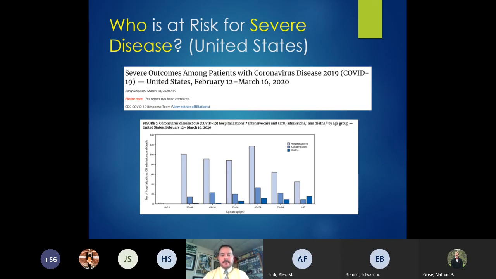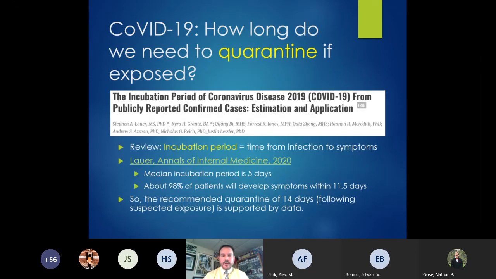It's now a couple weeks old, but it at least shows us that the younger age groups are not completely immune from, number one, getting infected, number two, having a severe, significant illness as a result of this particular virus.